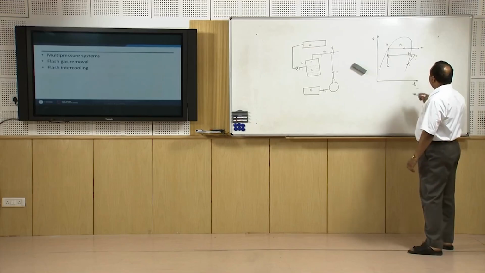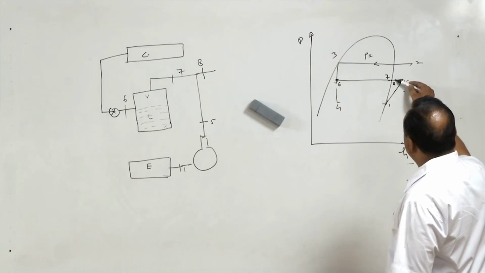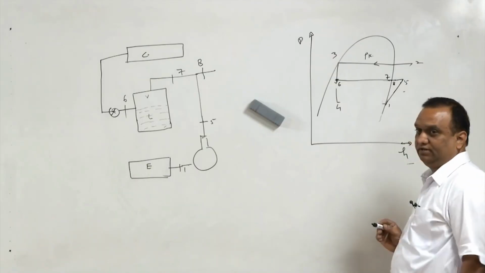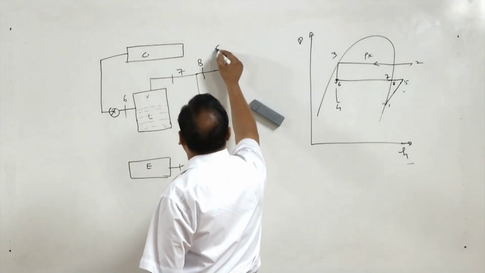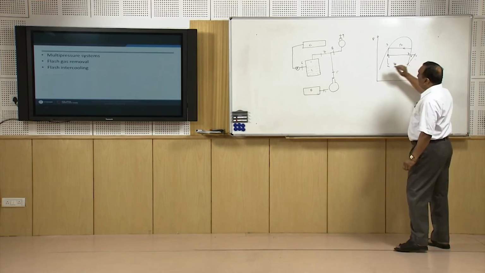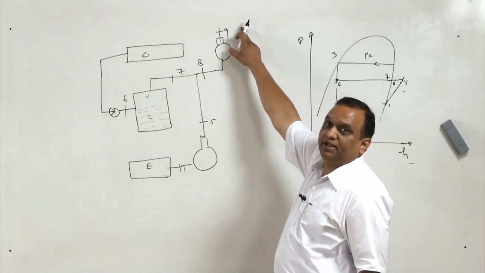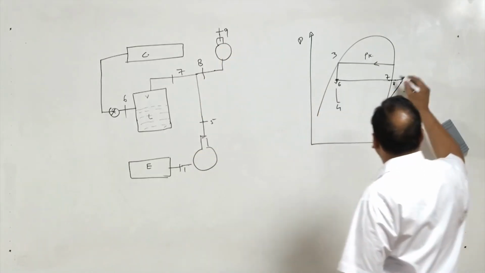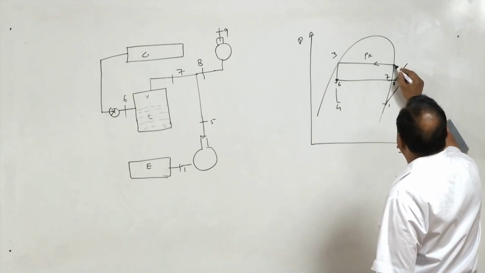Now, in the second stage, instead of compressing vapor at this state, vapor will be compressed from this state. So, the state 8 vapor will go to another compressor and it will be compressed up to the condenser pressure line. As shown here, state 8 will be compressed and we will get state 9.